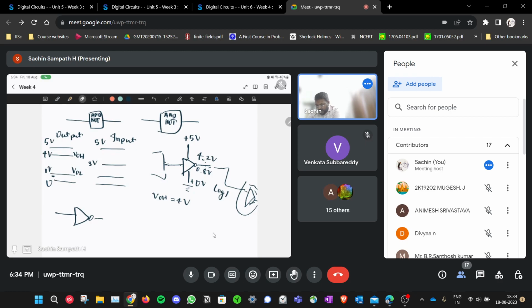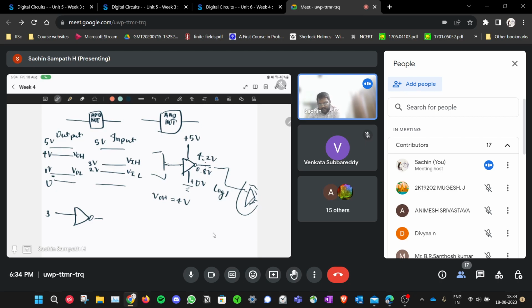That means if you give an input to the inverter above 3 volts, then the inverter will think, okay, I've got a logic 1. This is the threshold for the input, VIH, for the high level. This is VIL. Let's say this is 2 volts.